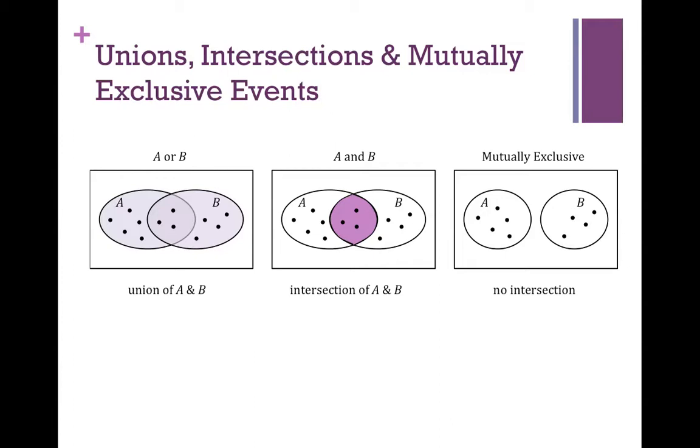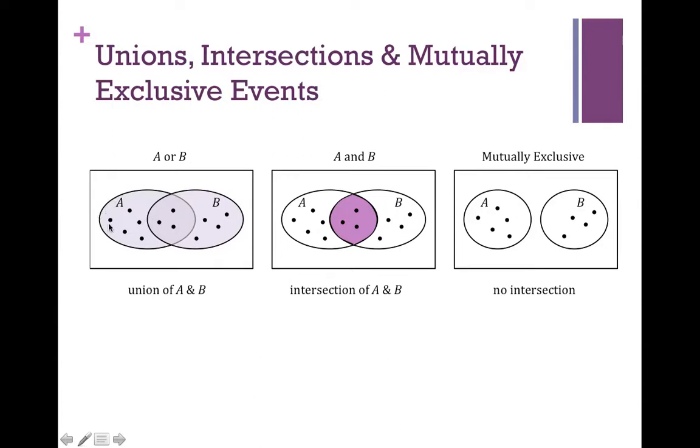occurrence. Now notice with these two circles I have this overlapping section. We have dots over here representing possibilities. We have dots over here in B representing possibilities. We've got a few dots that seem to be both A and B. In order to have A or B, any one of these dots would count.